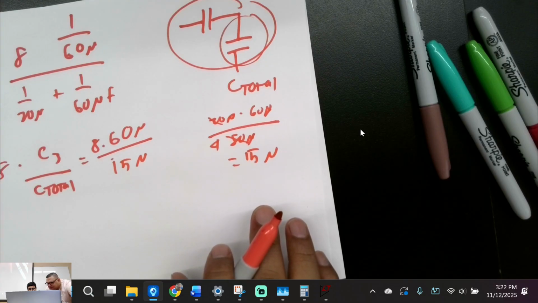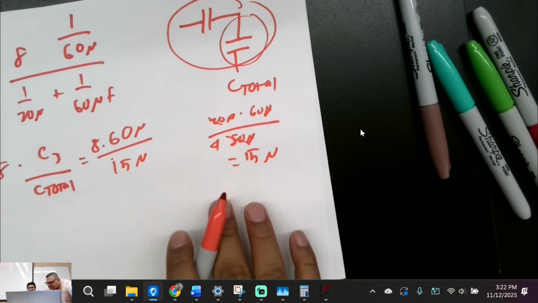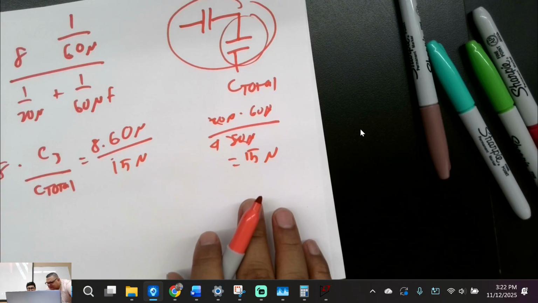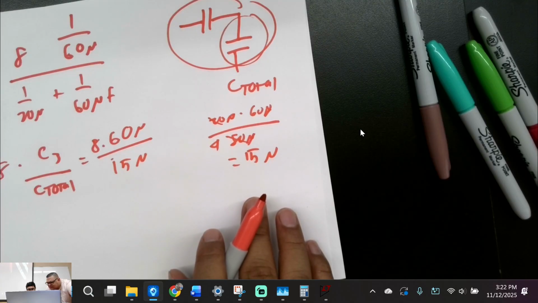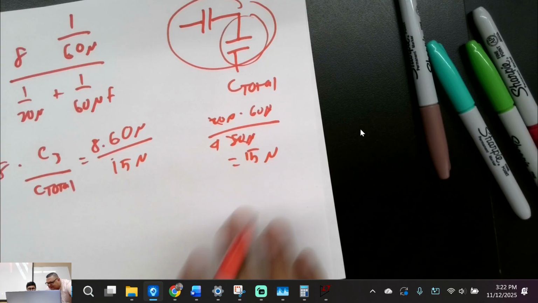Keep going, because I'm trying to find the capacitor. That's the more important part. Keep going. I'm trying to find V2 and V3. And then that's where they got right here. Yeah, that's what we got.